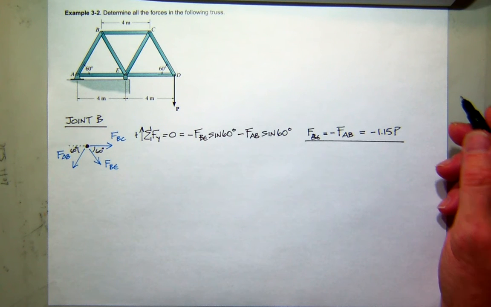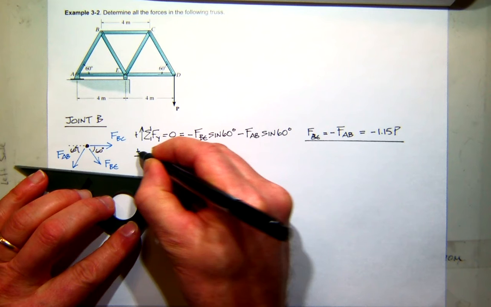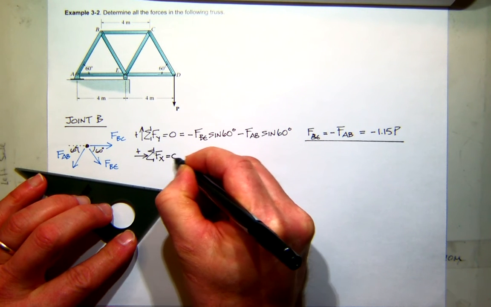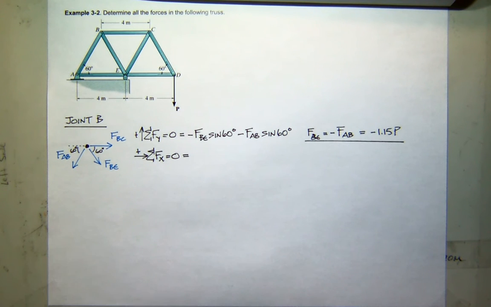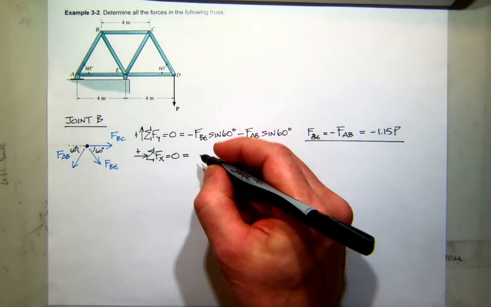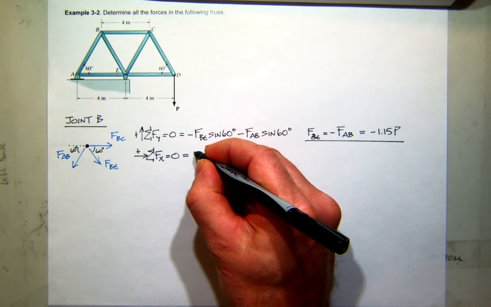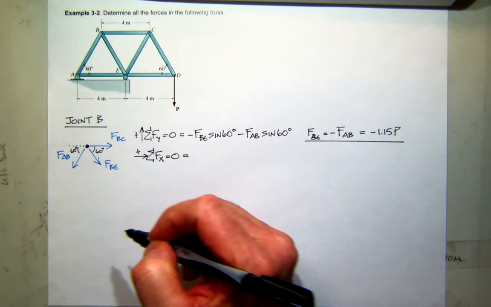Sum of forces of X. Yeah, let's do that. Oh, Ms. Pinafore, you get the big one. Sum all the forces in the X for me. Positive FBE. Which one? FBE. Okay, what's the X component of that?